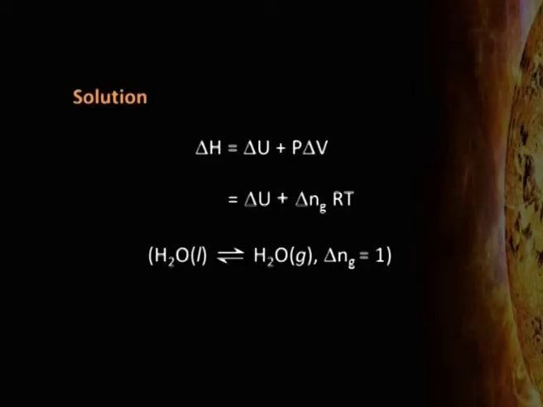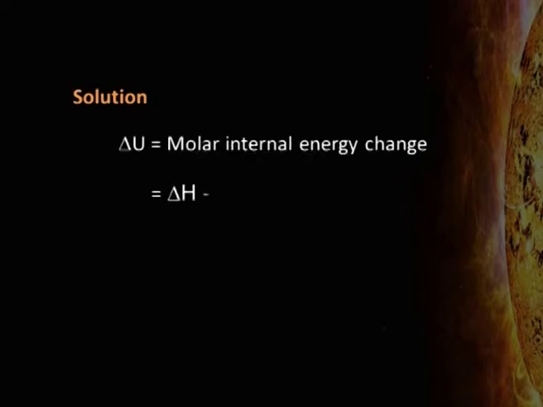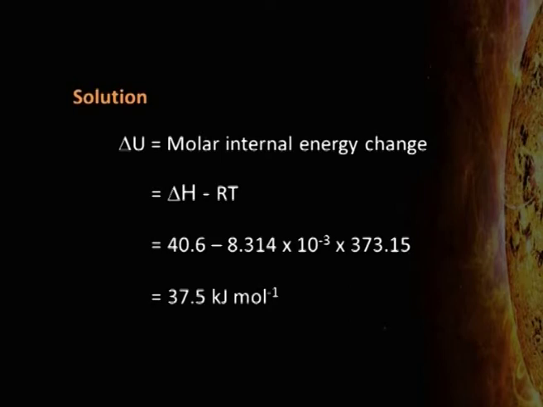Therefore, putting all these values in the equation delta H equal to delta U plus delta N gas RT, we will get the value of delta E, that is internal energy. It is equal to 40.6 minus 8.314 into 10 to the power minus 3 multiplied by 373.15, which is equal to 37.5 kilojoule per mole.